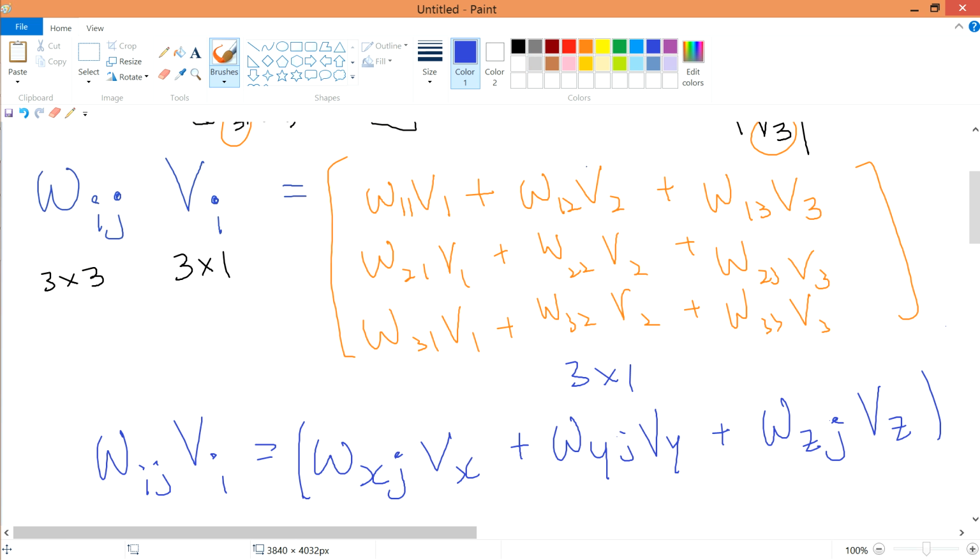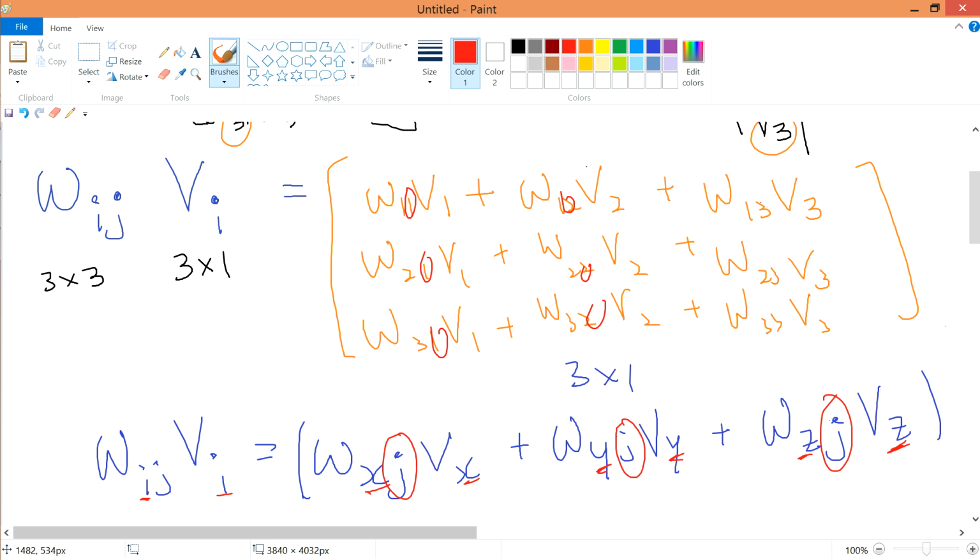The i is always the same, so I'll just highlight it. In here it's x and x, in here it's y and y, and so forth. The only changing things are the j's.